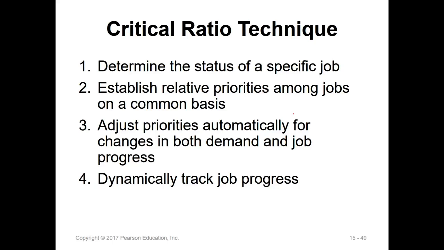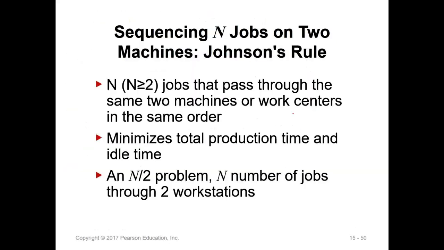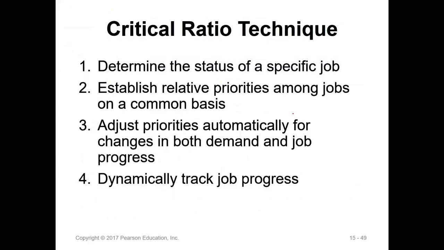It adjusts priorities automatically for changes in both demand and job progress. Critical ratio is a simple ratio. It only gives you the status of the job and priorities, but it doesn't tell you the specific numbers, such as the flow time, and so on.